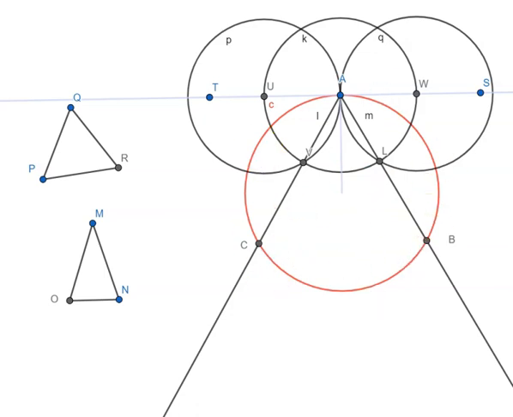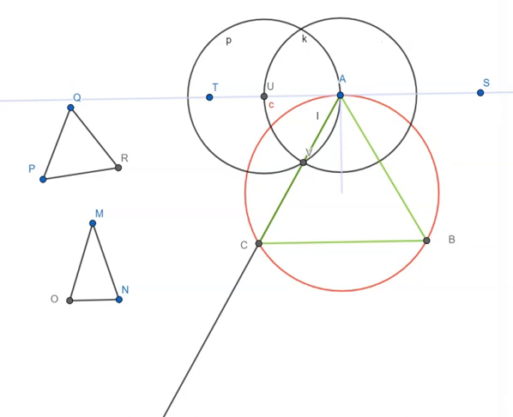And then finally we join AB, BC and AC. So we have inscribed an equilateral triangle. Now let's hide all these things that we don't need.